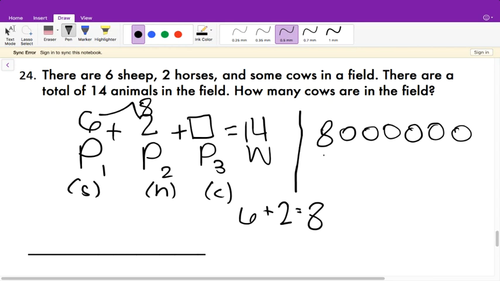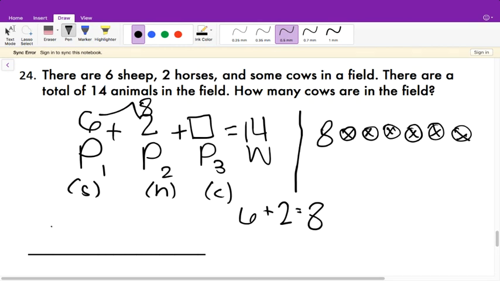I'm just going to count one more time to make sure I didn't make a mistake. 8, 9, 10, 11, 12, 13, 14. Okay, and now I can count the circles to find the missing partner, which we have 1, 2, 3, 4, 5, 6 circles.